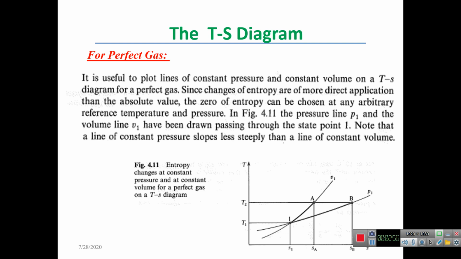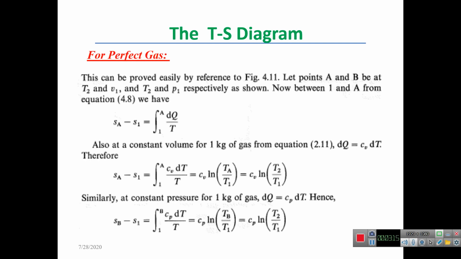As we can see from this diagram, the constant volume line is steeper than the constant pressure line. This can be proved by considering the following analysis. Let point A and point B be at T2 and V1, that is point A, and T2 and P1, point B, respectively, as shown in the diagram.